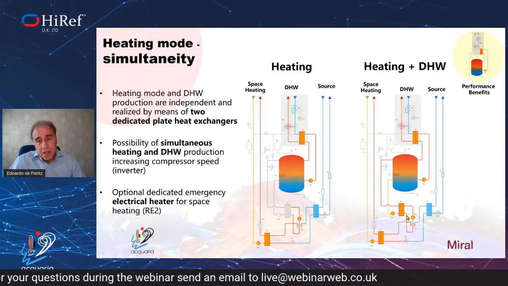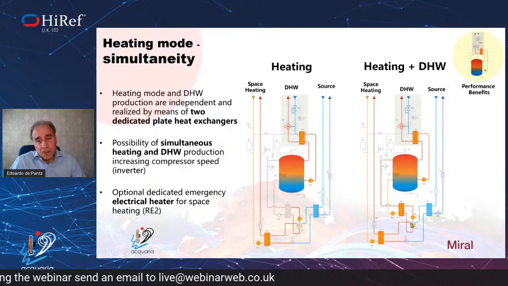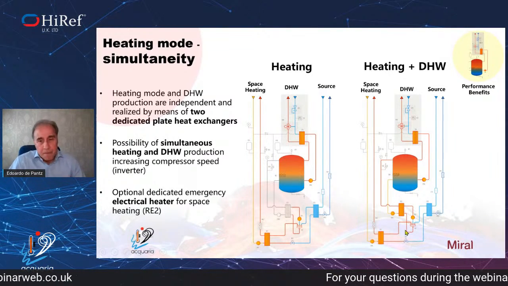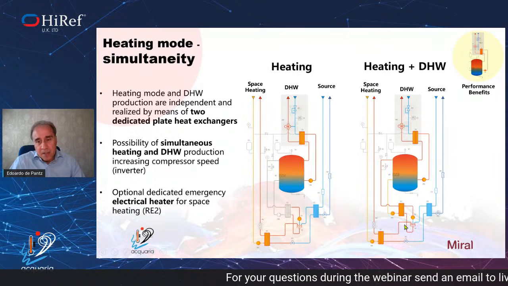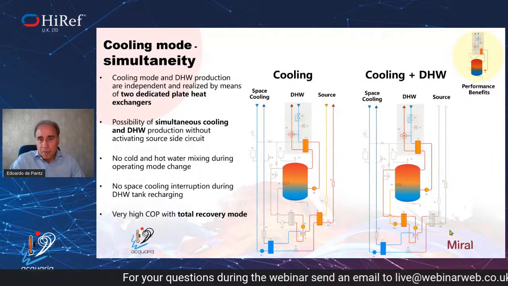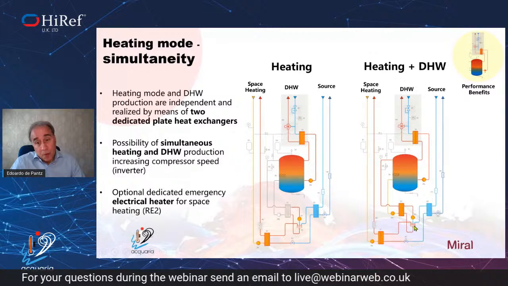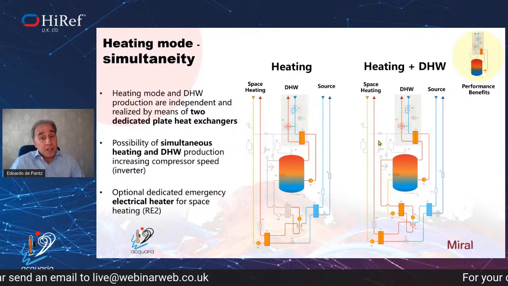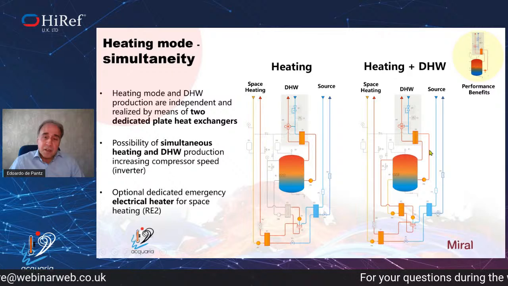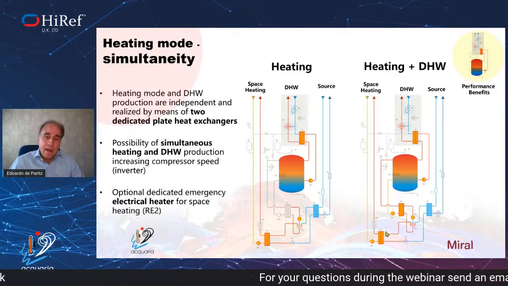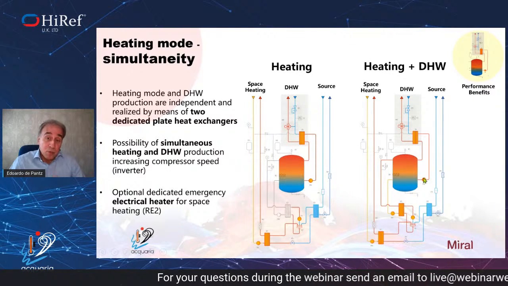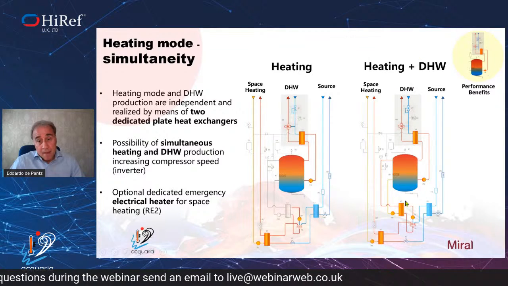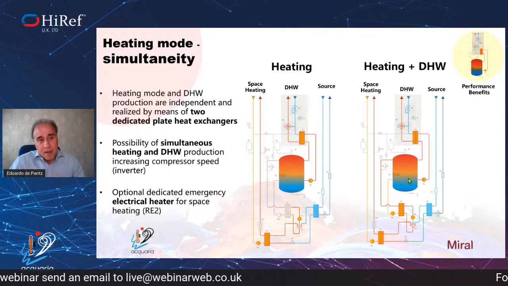The first heat exchanger extracts the first part of the gas, working as the superheater. Then the other gas goes again through the four-way valve to continue producing space heating. So in this transitory situation, we can have space heating, domestic hot water production, and domestic hot water tank replenishment together and simultaneously.